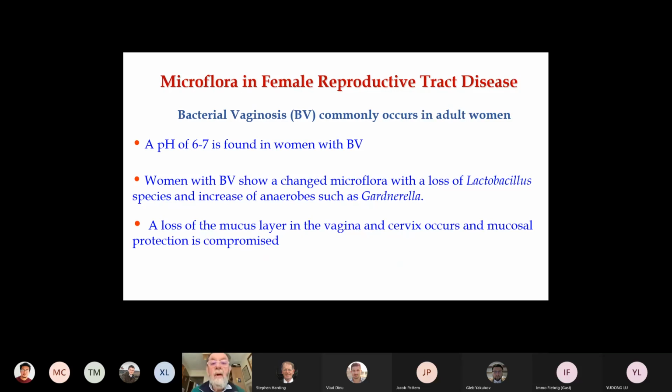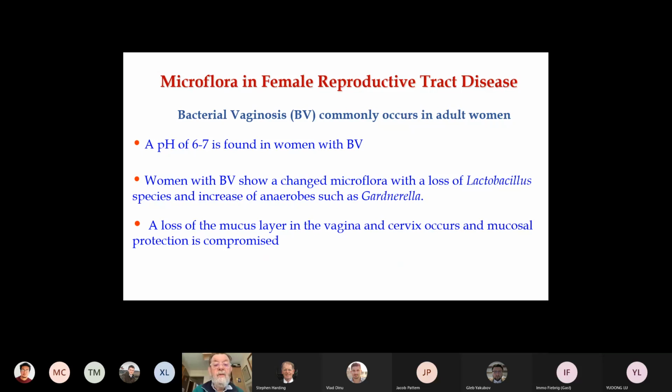In the disease state of bacterial vaginosis, which is a common infection in adult women, we find that the women with this infection have an increased pH at their mucosal surface, which is around 6 to 7. What happens as a result is that the microflora changes. These women have a loss of lactobacillus species and have an increase in anaerobes such as Gardnerella.